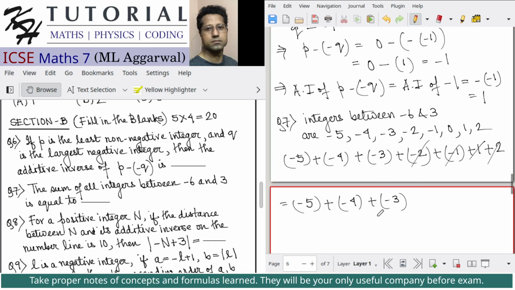So now this is the addition of three negative integers, that is -5, -4 and -3. So this will be the negative of 5 plus 4 plus 3, which is 12. So the sum is equal to -12.